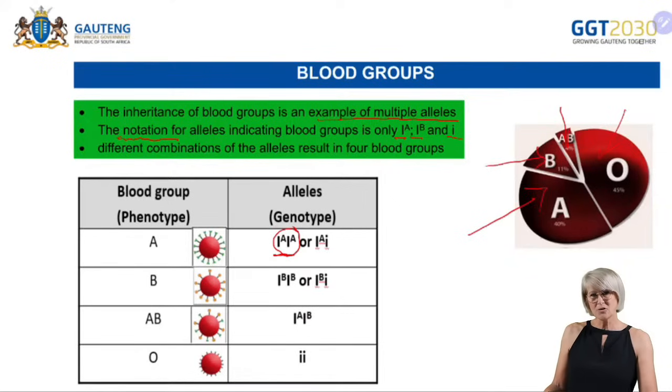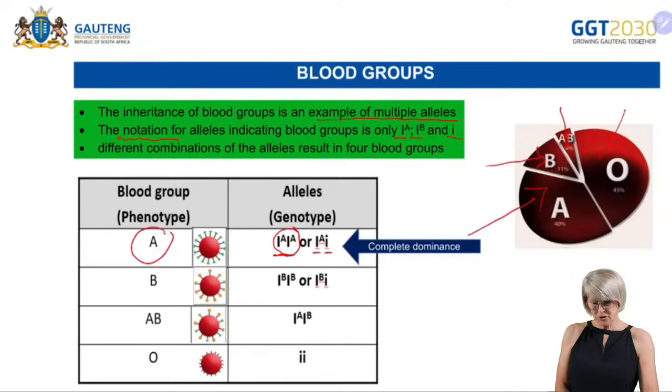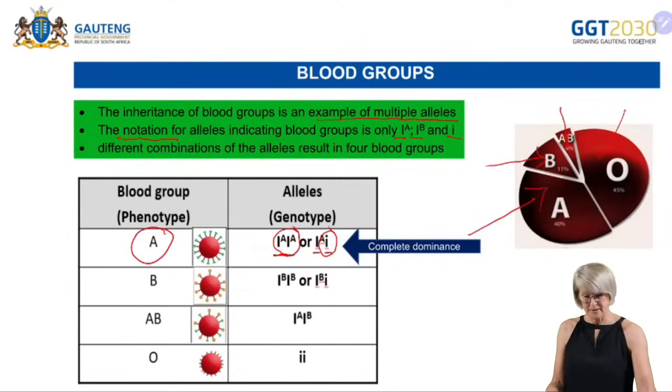Or they could be heterozygous for blood type A, and that means they have the allele for blood group A as well as the allele for blood group O. In this type of inheritance, that would be an example of complete dominance, because the individual has blood type A, yet they have a different allele, but that allele is recessive. So in this case, it is complete dominance.